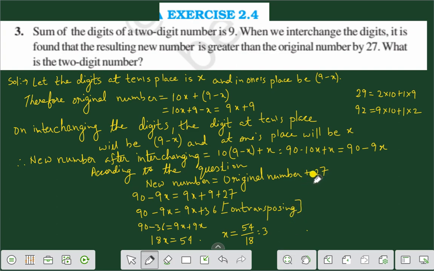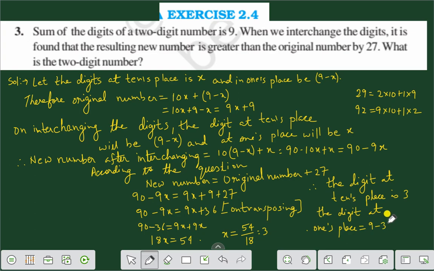Therefore the digit at tens place is 3, and the digit at ones place is equal to 9 minus 3, that is equal to 6, right?